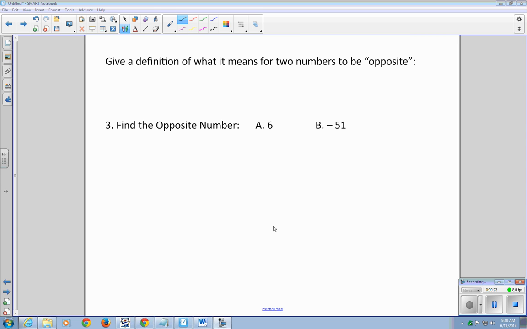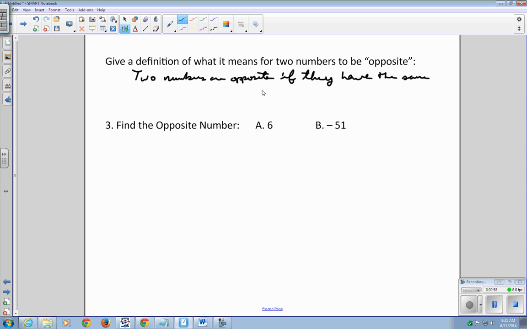Well, in this case, if we want to discuss what we mean by opposite, we're saying that two numbers are going to be opposite if they have the same numerical value but are opposite in sign.